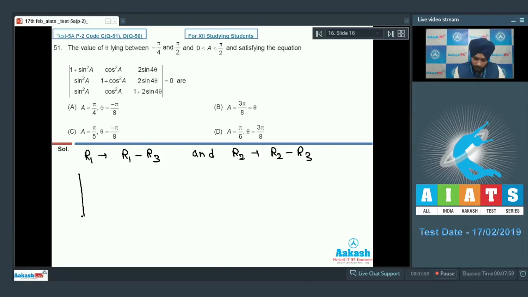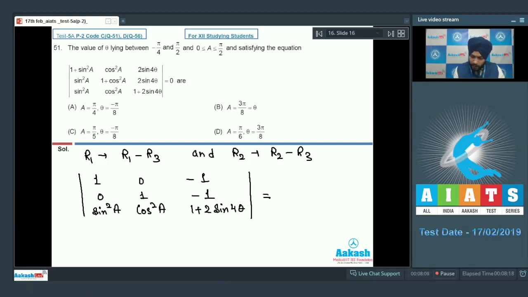So we'll have 1, 0, minus 1, 0, 1, minus 1, sine square A, cos square A, 1 plus 2 sine 4 theta equals 0.